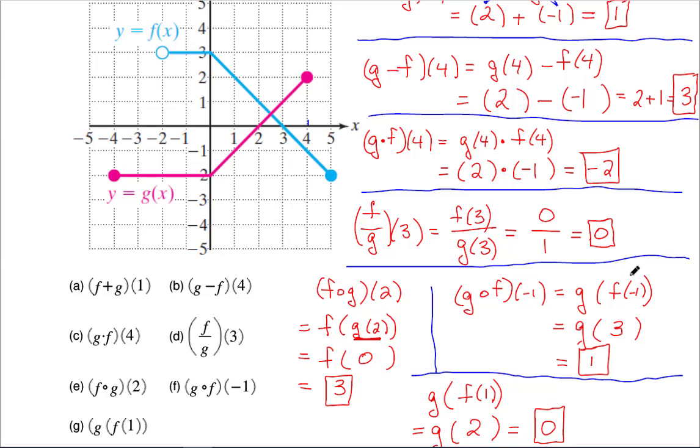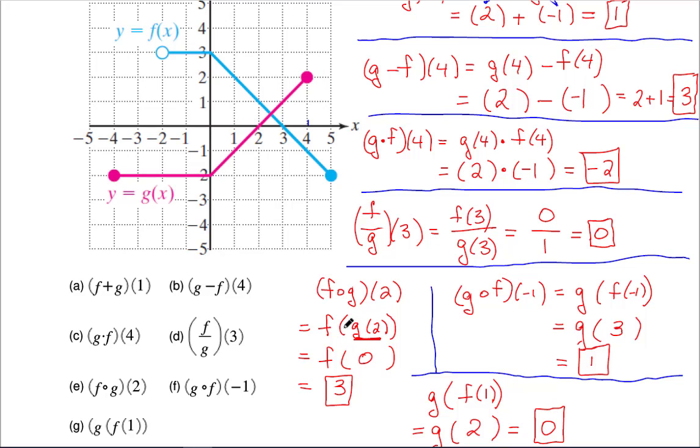All right, what about f, g, where we have to do composition? Let's see, f composed with g of 2 means I need f of g of 2. So I start with 2 and figure out what does g do to it. All right, so here's 2. g is pink, so that means g of 2 is 0.